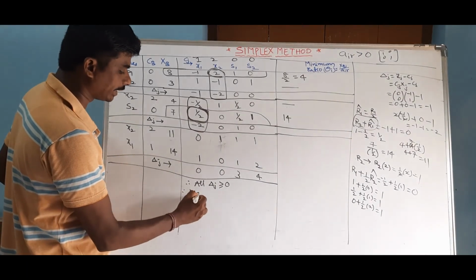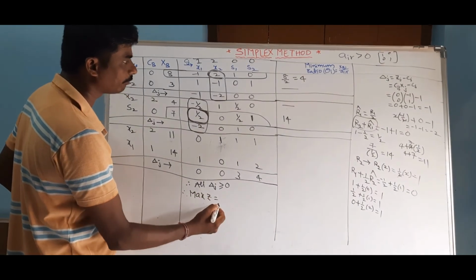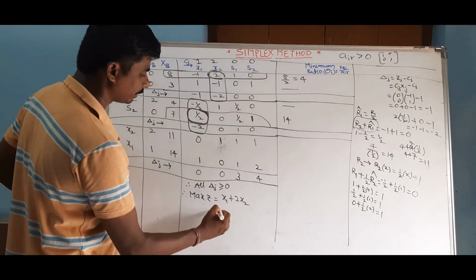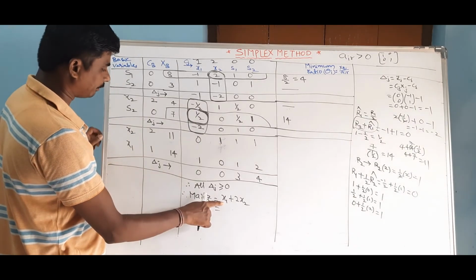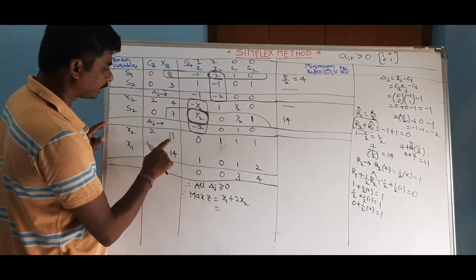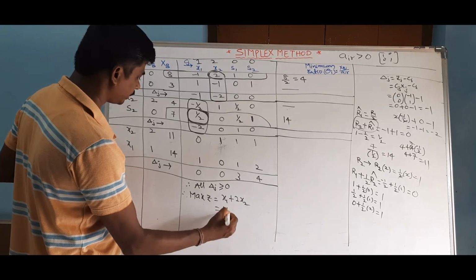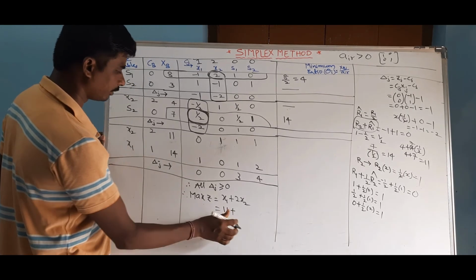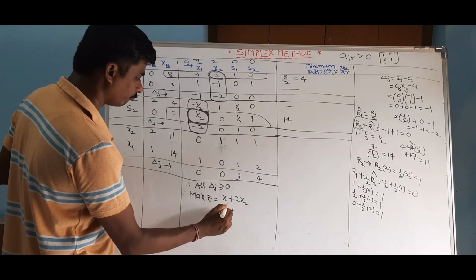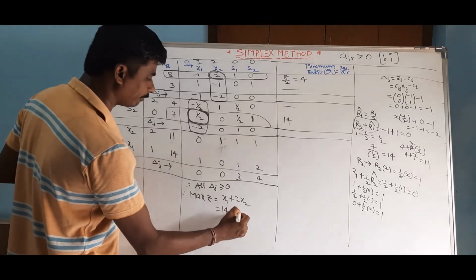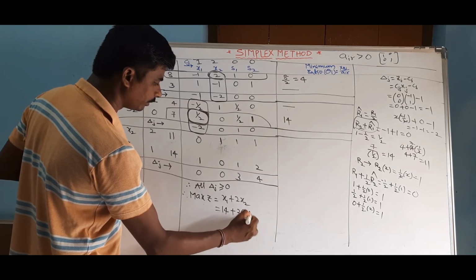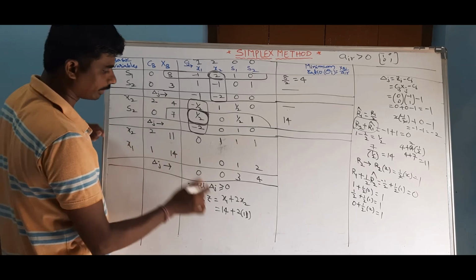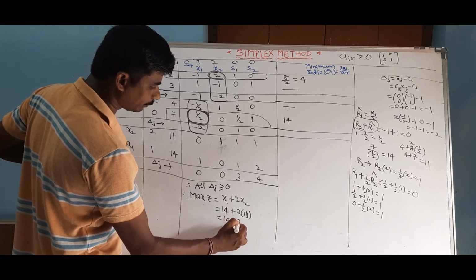Therefore max z equals x1 plus 2x2. See here, x1 value is 14 and x2 value is 11. So 1 into 14 plus 2 into 11 equals 14 plus 22.